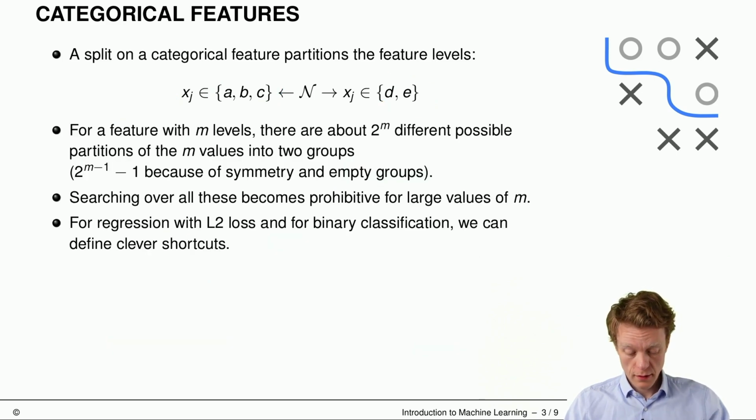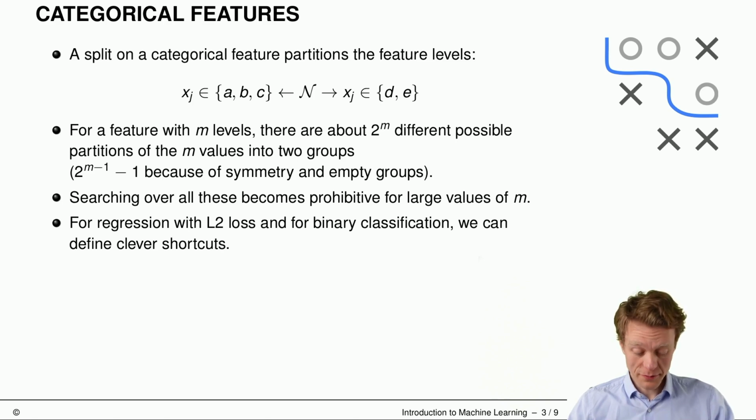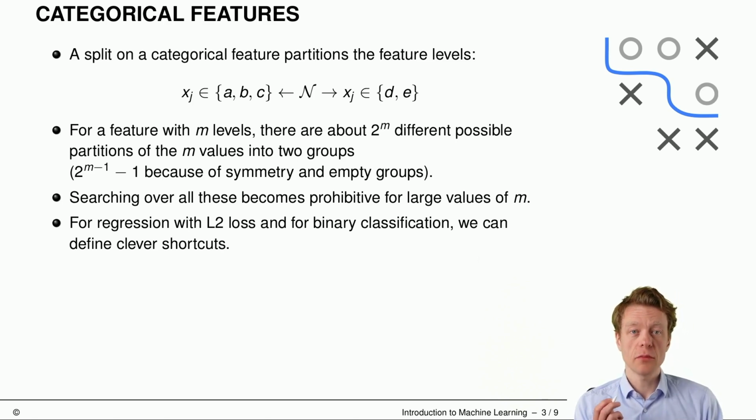I hope that is okay. But we have some computational problems coming up here. For a feature with m levels, there are about 2 to the power of m different possible partitions of those m values into 2 groups.